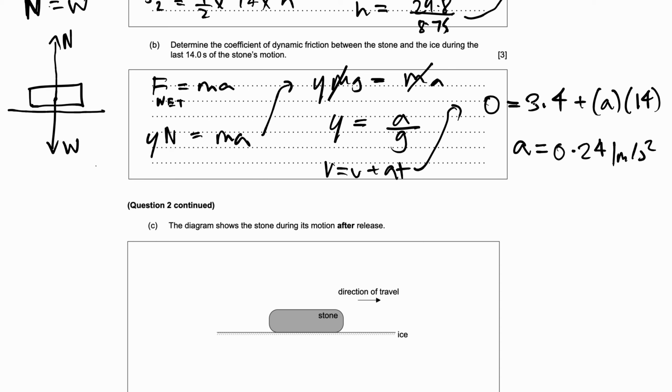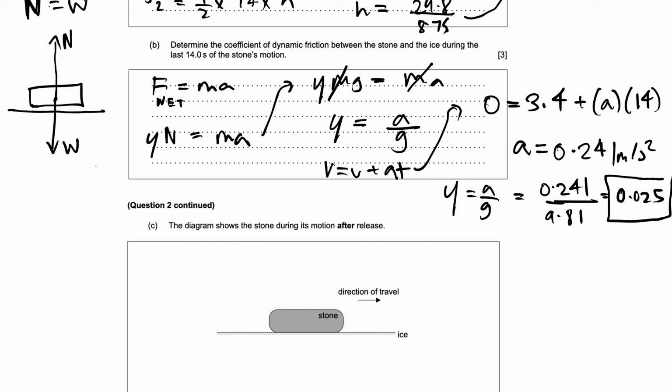Okay, but that's not our full thing. We need to find mu is equal to a by g, hence it's equal to 0.241 divided by 9.81. That gives us the final answer as 0.025.